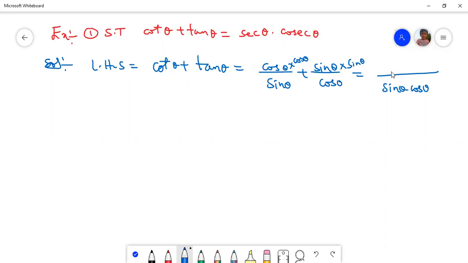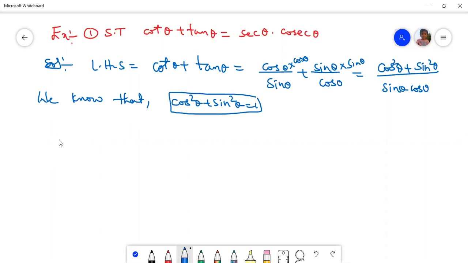Then cos theta into cos theta, that is cos square theta, plus sin theta into sin theta, that is sin square theta. We know the identity of the trigonometric ratios, cos square theta plus sin square theta equal to 1.